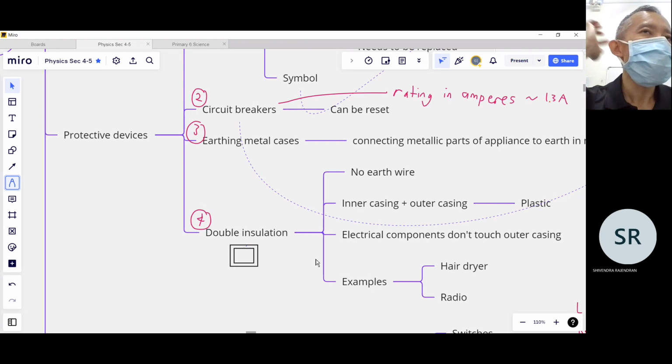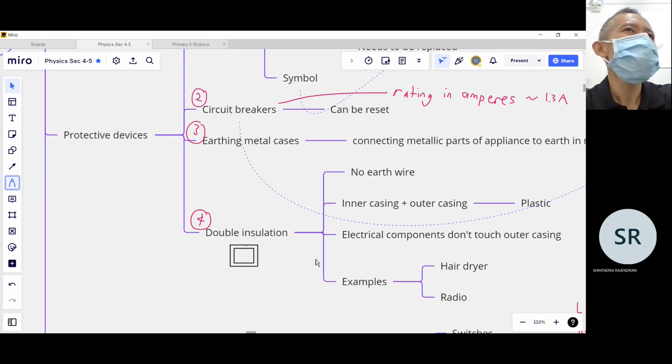Okay, now a kettle may not be very big, no doubt, but because it's a heating device, the current is still quite high. And don't forget, some kettles have a metal body. Not all, but some of them have a metal body. And have you ever seen double insulation in a kettle?